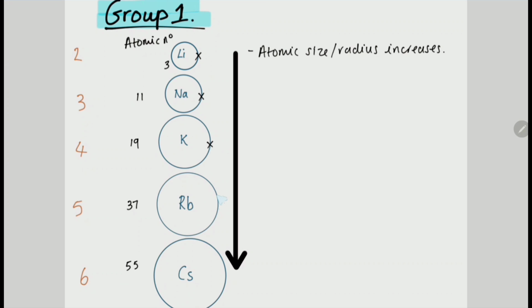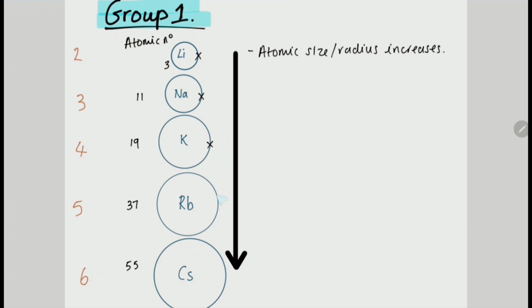So remember, in ionic bonding, group 1 elements will lose one electron, that outer shell electron, to form a cation. So now we need to look at how easy it is for that outer shell electron to be lost. Now, all the electrons, including the outer shell electron, are held by the attractive force of the positively charged nucleus.